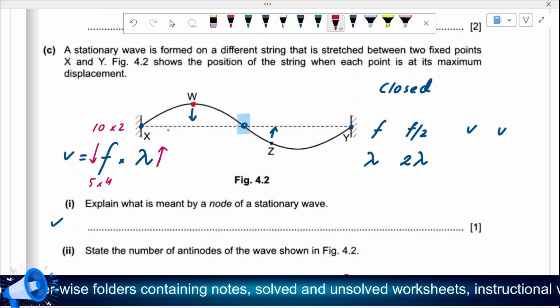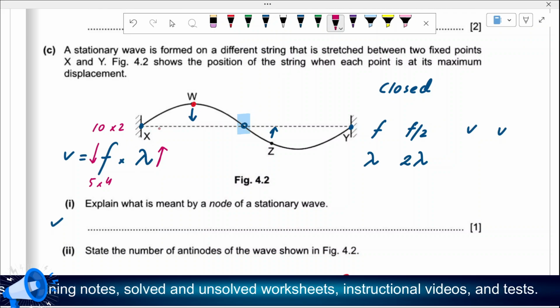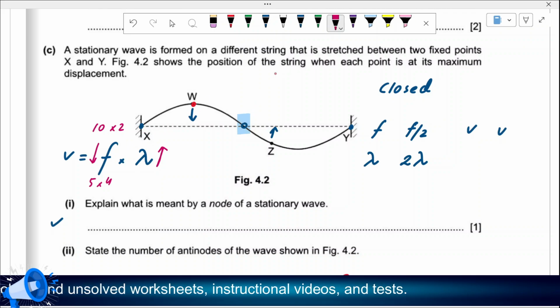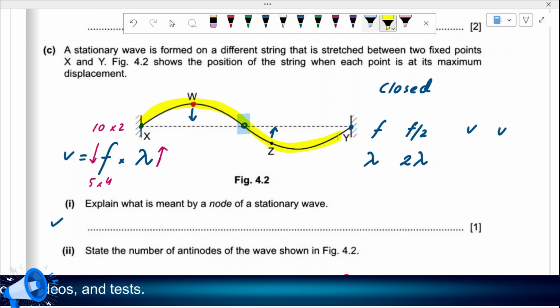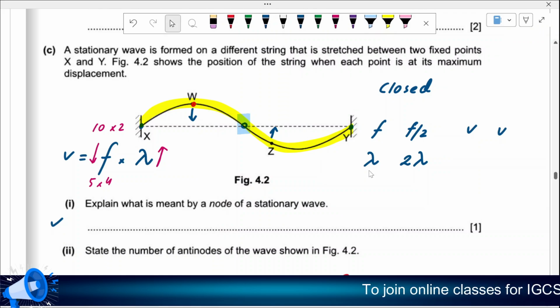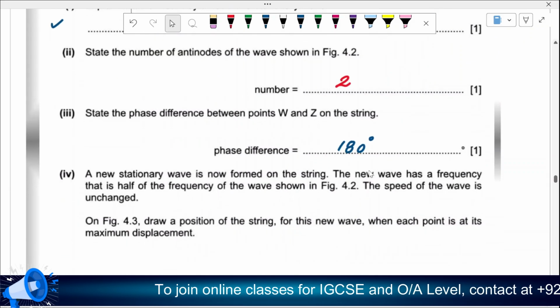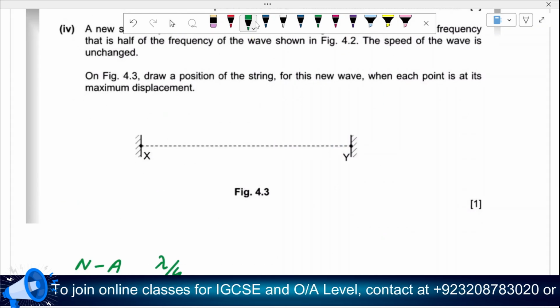Now we'll be getting a 2 times longer wave, and hence you see in this part we are having one complete wave cycle from X to Y. But if I double the wavelength from X to Y, I'll be getting only half the wave cycle because the wave is now longer.